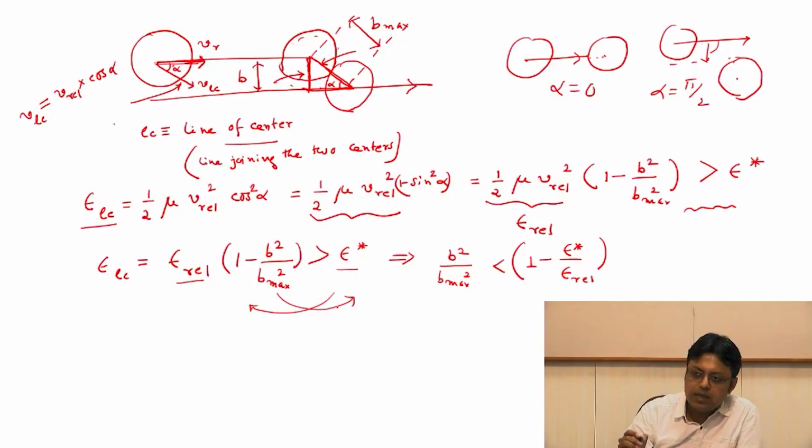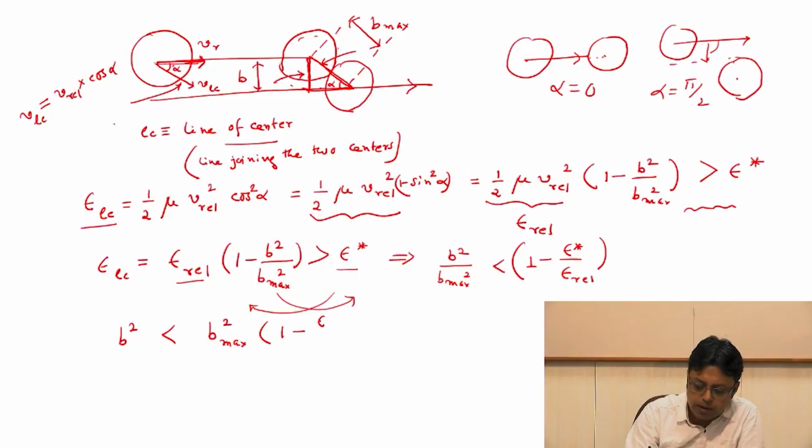So what it means is, think about it. We can just write it in another way: b square has to be less than b max squared into 1 minus epsilon star by epsilon relative.